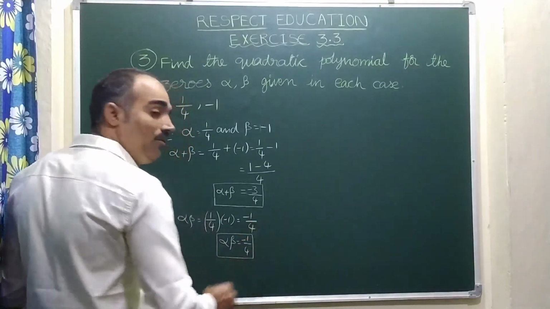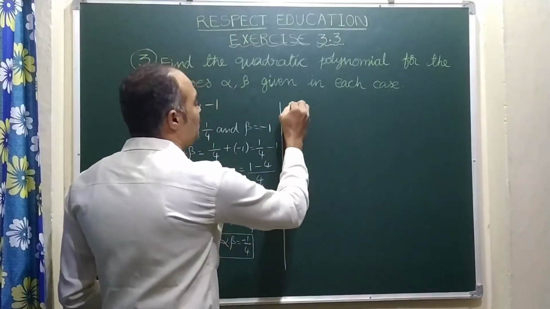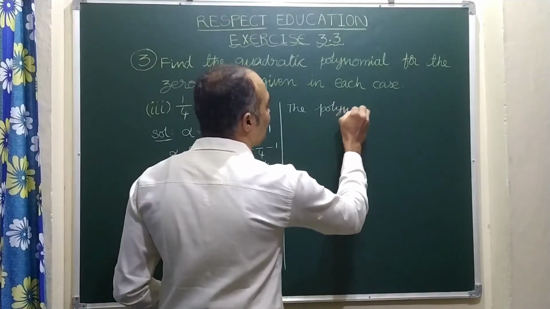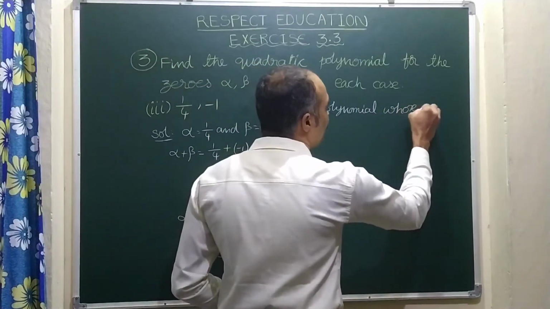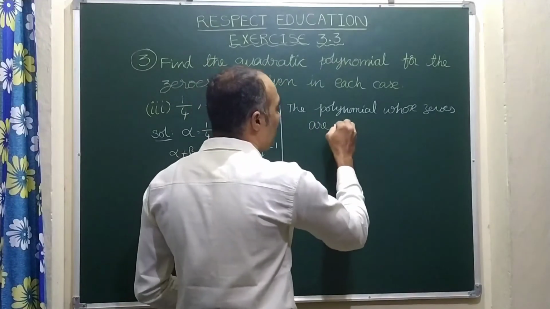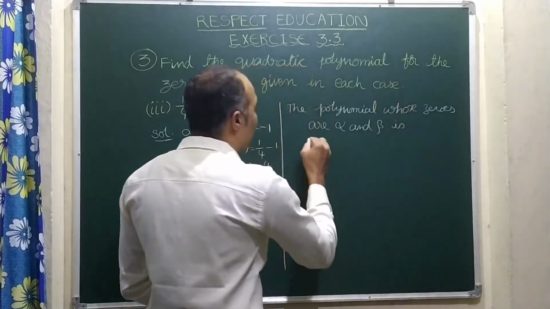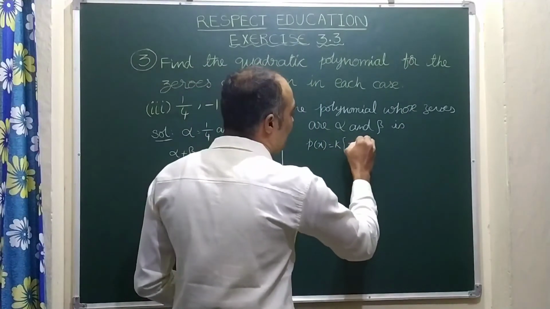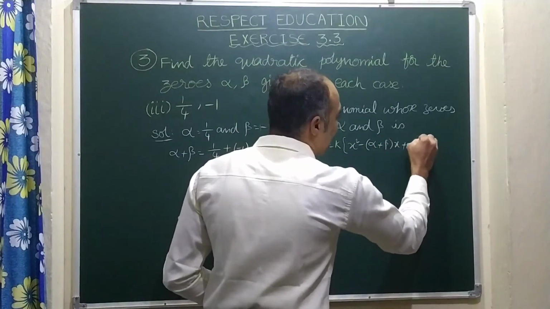Right. Now let us write the required polynomial. So the polynomial whose zeros are alpha and beta is p of x equal to k times x square minus alpha plus beta times x plus alpha beta.